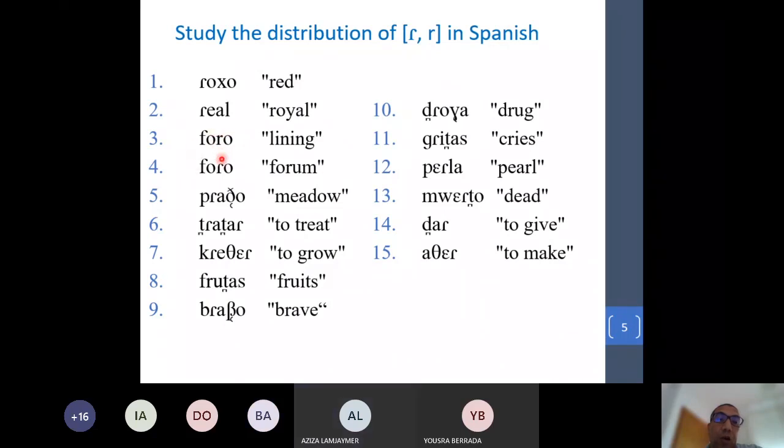We have a minimal pair with the sounds occurring in the same environment, and with the words having different meanings. So the distribution of these two sounds, we can say, is parallel. They occur in the same environment, and because they occur in the same environment, they are separate phonemes.